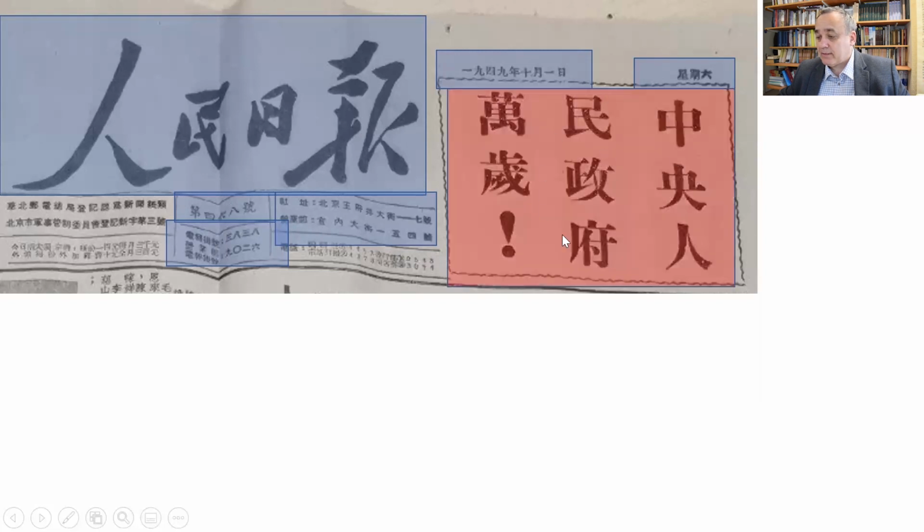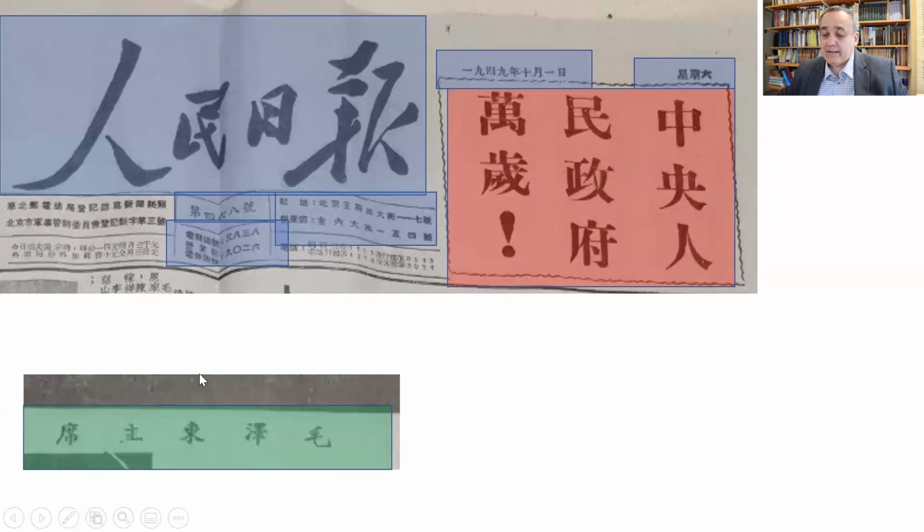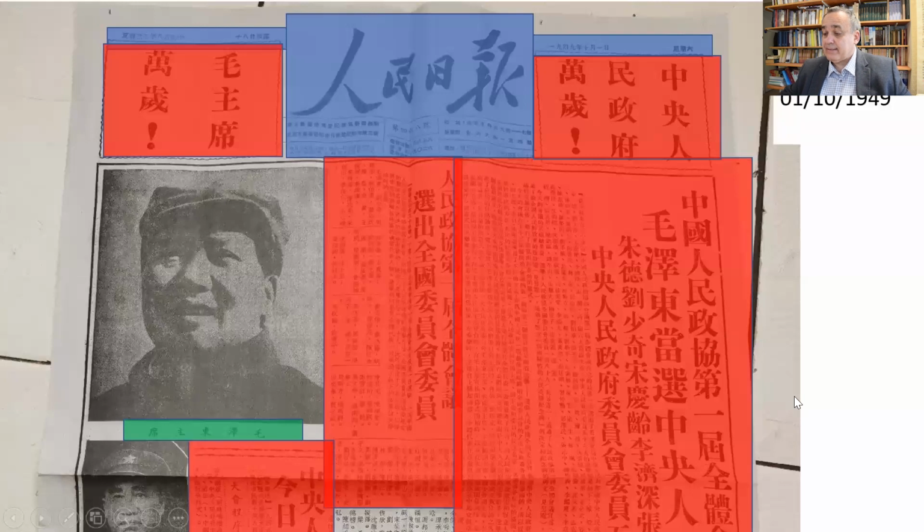The text that I marked in red goes vertically in columns from right to left. Elsewhere we have text underneath the image of Mao Zedong, a caption that goes from right to left horizontally. So in this one page of a newspaper, we can see three directions of the script, which I think is pretty amazing. I don't think other languages can handle this kind of orientation.